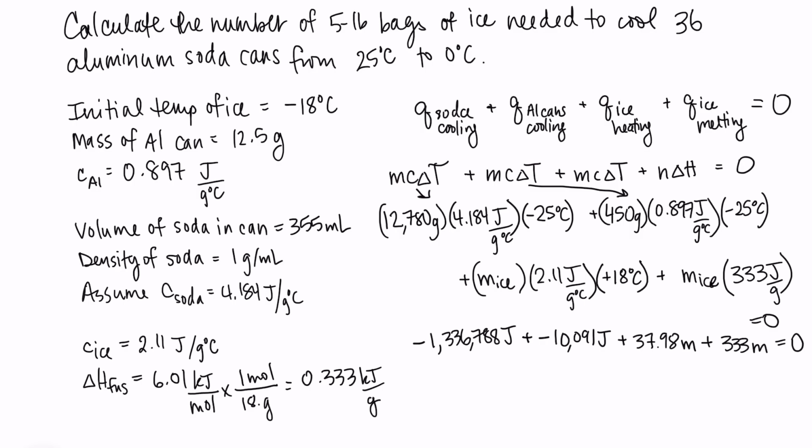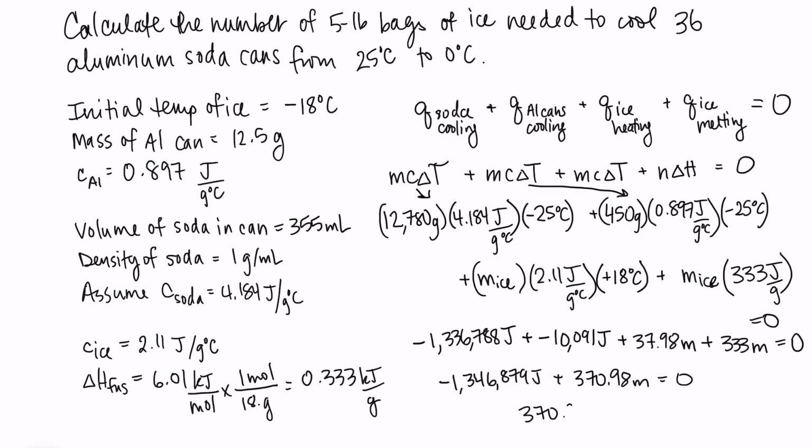So now I'm going to combine my numbers, negative 1,336,788 plus negative 10,091 gives me negative 1,346,879 joules, plus I'm going to combine my numbers attached to my M's, 37.98 plus 333 gives me 370.98 times M, and that equals 0.